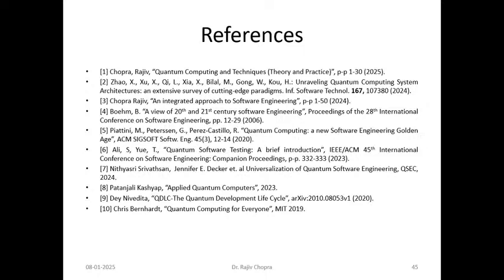And the quantum development life cycle paper by De Nivedita is also good. I have referred to some of these papers. Then there is a book, Quantum Computing for Everyone by Chris, from MIT Press, that I have also referred to, and the software engineering book by Boehm. Naturally, my own book I have referred to in the initial slides. The second research paper was also good.